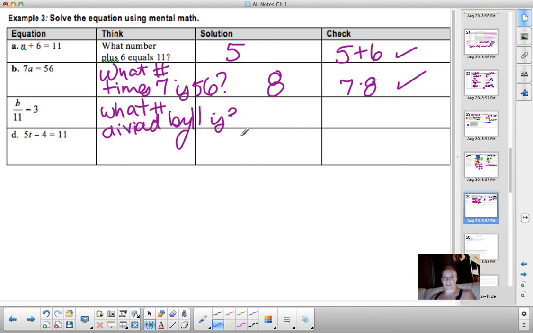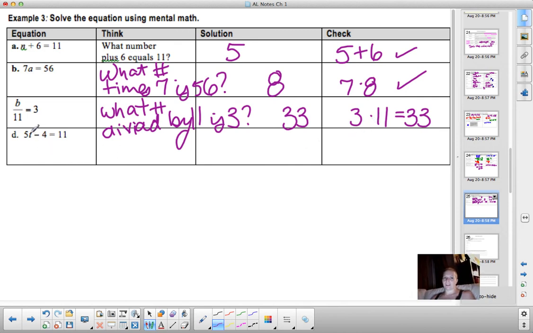Mental math. What number? Well, Mrs. Sturgeon, 33, because 3 times 11 equals 33. That's probably how you thought about it. Believe it or not, you're actually stepping into chapter 2 stuff already, because I know you know how to solve equations.